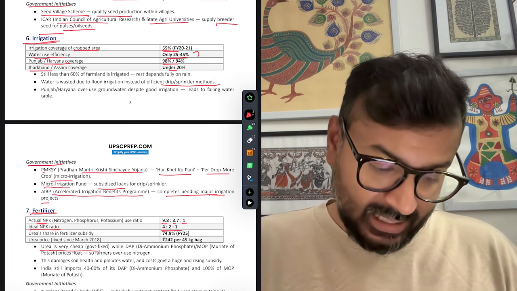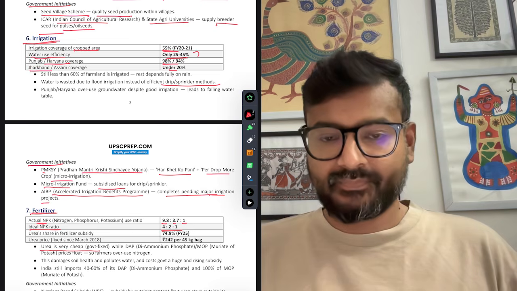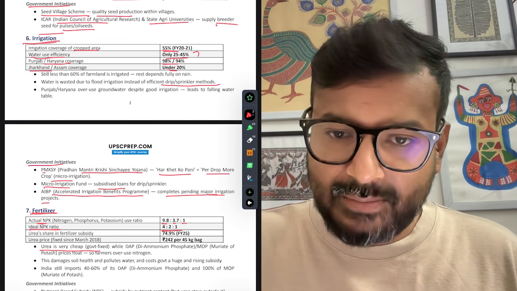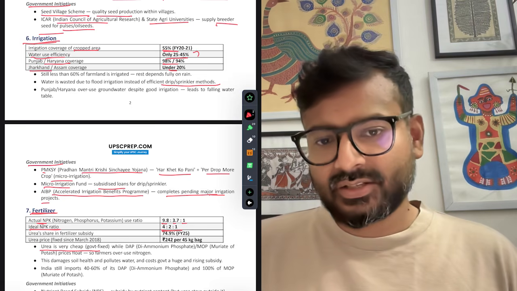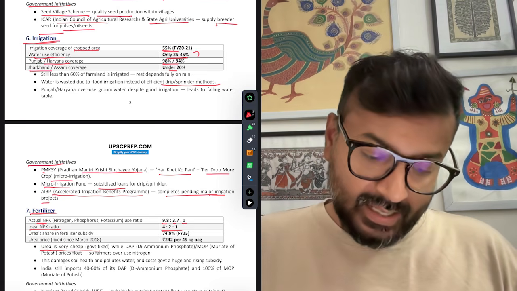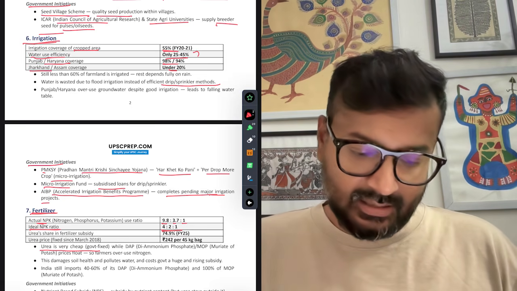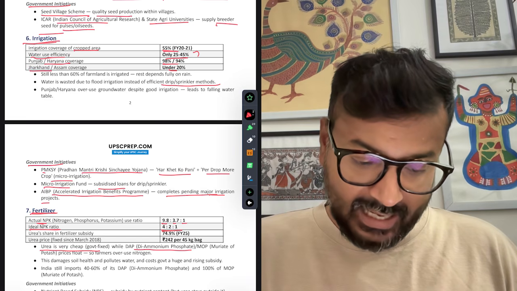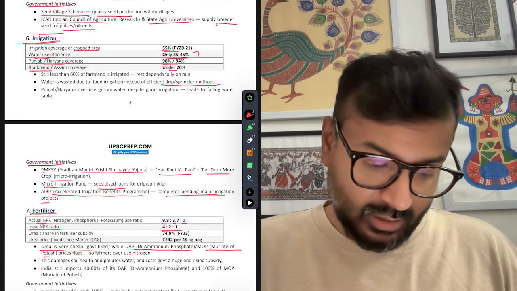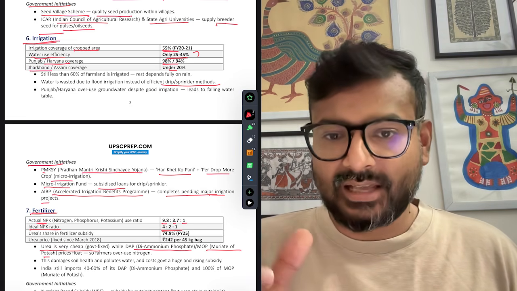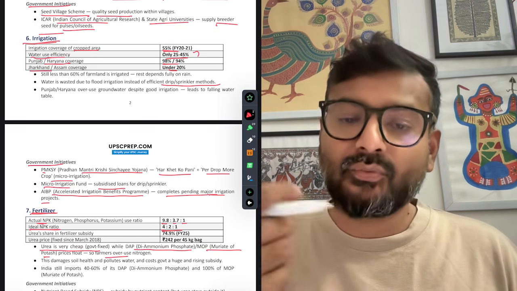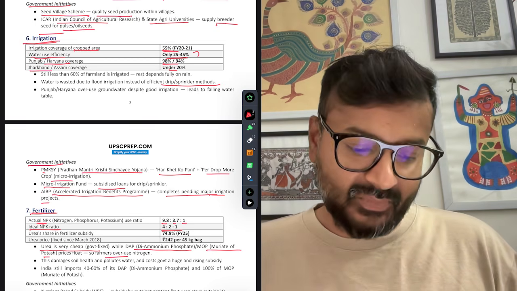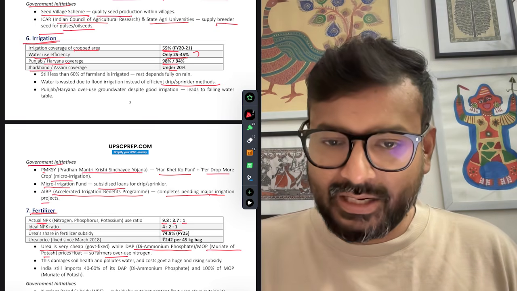The reason is that urea is very cheap. The government provides a lot of subsidy for urea, which is the major fertilizer used by the farmers. Whereas the other fertilizers that are equally important, like diammonium phosphate and muriate of potash, their prices are not highly subsidized, and therefore farmers end up overusing nitrogen in their fields, which again depletes the quality of soil.